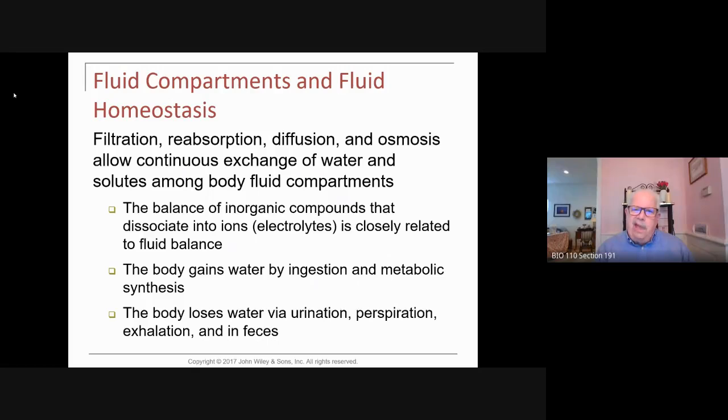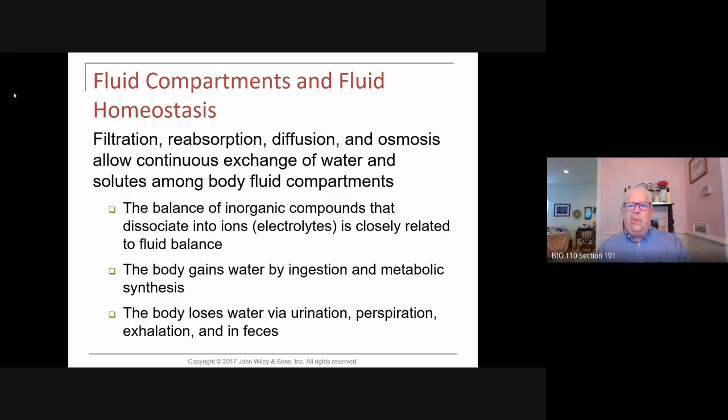You make it in the electron transport chain because those extra hydrogen atoms attach to oxygen, and that's known as metabolic water. We talked about that when we talked about glycolysis, the Krebs cycle, and the electron transport chain.